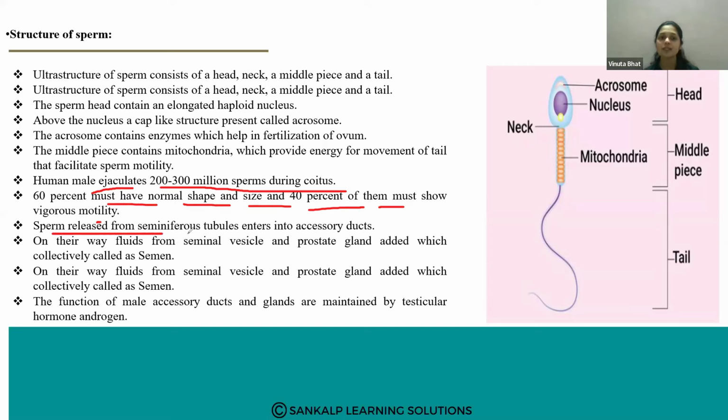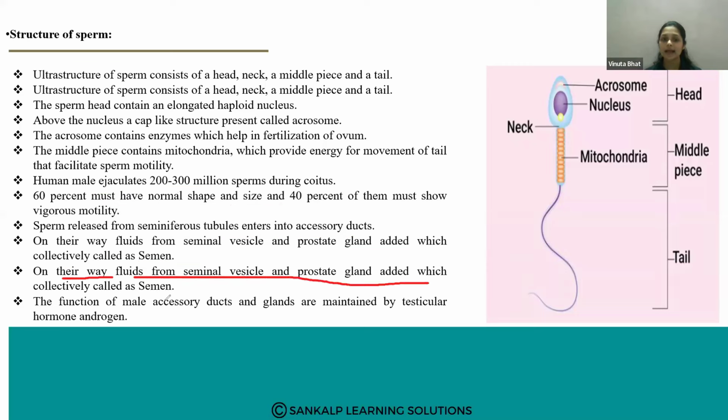Sperm released from the seminiferous tubules enter into the accessory ducts. On their way, fluids from the seminal vesicle and the prostate gland are added, which is collectively called the semen.